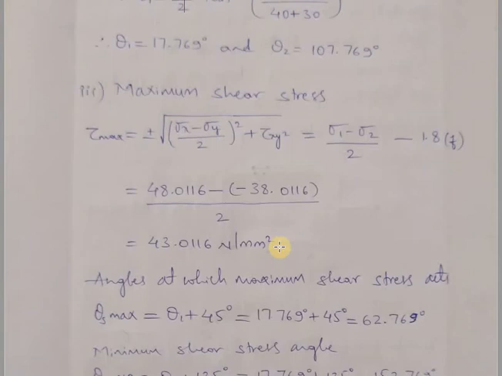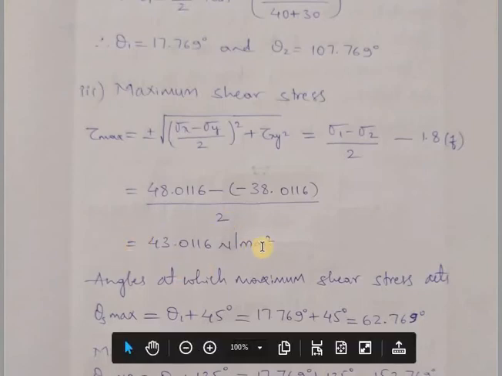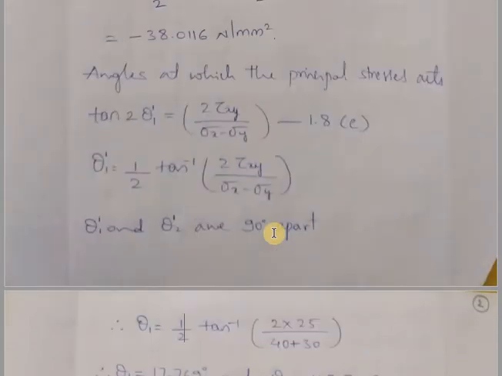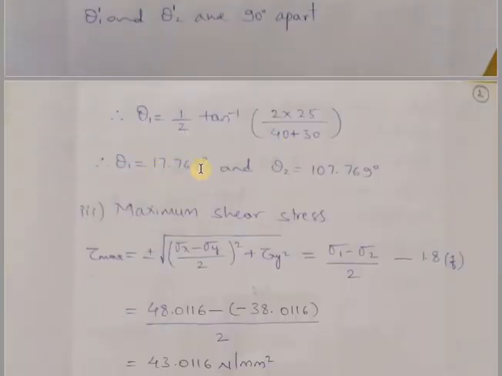Now we need to find the angles at which the maximum shear stress acts. This is the intensity of the maximum shear stress; we need to find the location of this maximum shear stress, which is given by theta s max, the angle of maximum shear stress, equal to theta 1 plus 45 degrees. Theta 1 is the angle of principal stress which we have calculated earlier, theta 1 as 17.769 and theta 2 as 107.769.